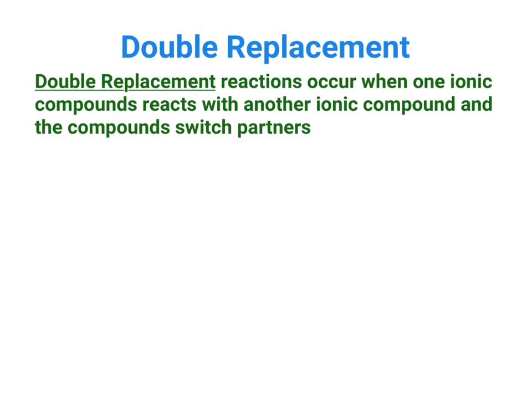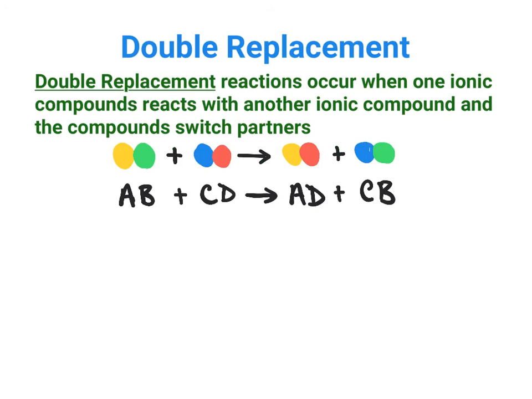In a double replacement reaction, which is the next type, this happens when two ionic compounds react, and the compounds swap partners. Remember, though, that it has to always be an anion bonded to a cation in both cases. So it would look something like this, where the compound gold-green reacts with a compound blue-red to form gold-red and blue-green.